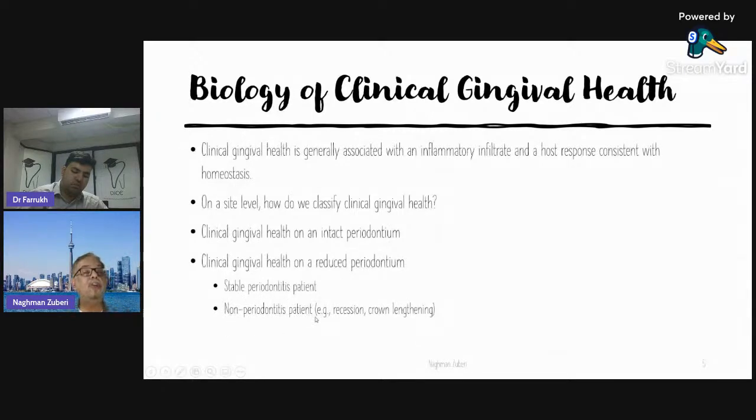Or it could be a reduced periodontium without any periodontal condition, like periodontal inflammation. It is because of some non-periodontitis reason, like maybe a recession or a crown lengthening procedure having been performed.